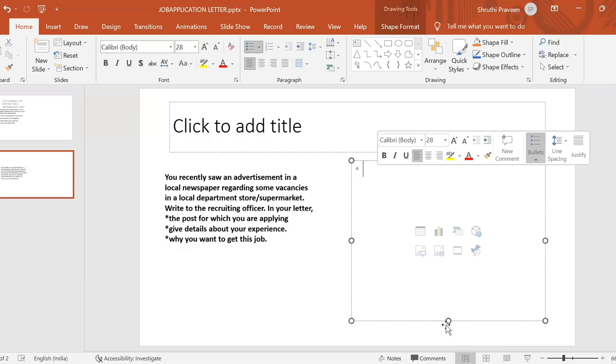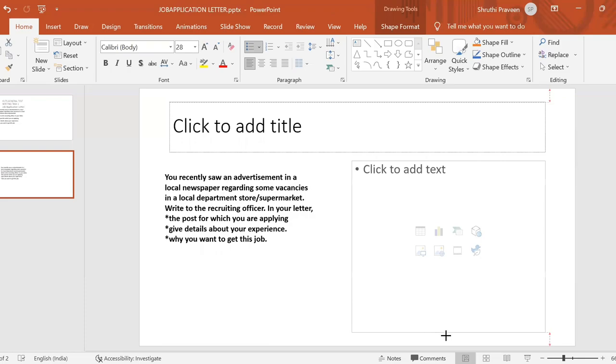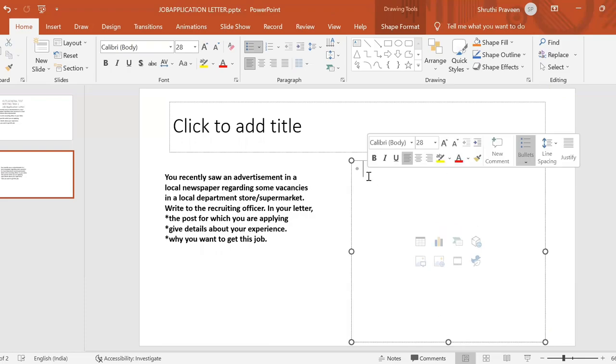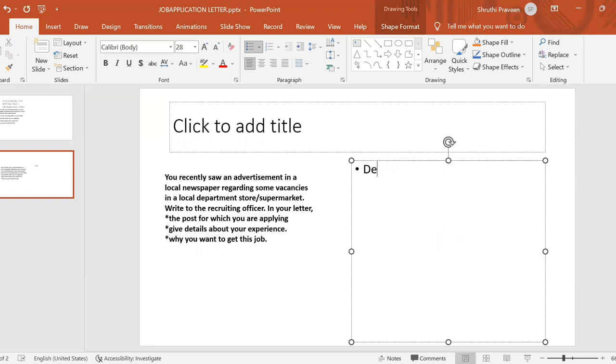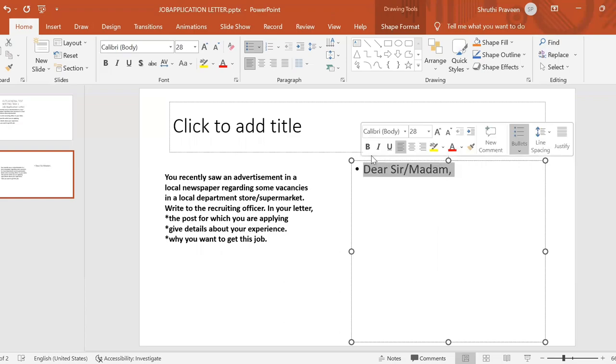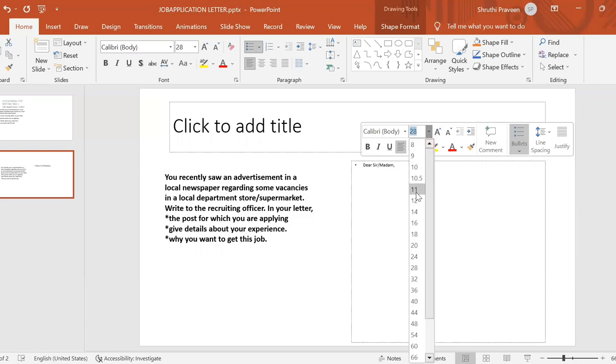Whenever it's a job application letter, it has to start with "This is with reference to." So you are starting with "Dear Sir or Madam." Only three things are to be kept in mind when it comes to a letter.